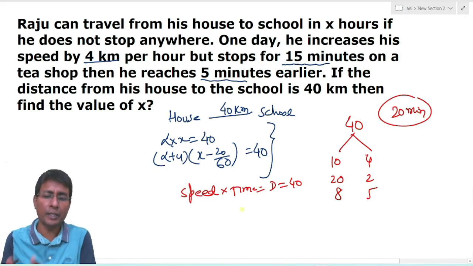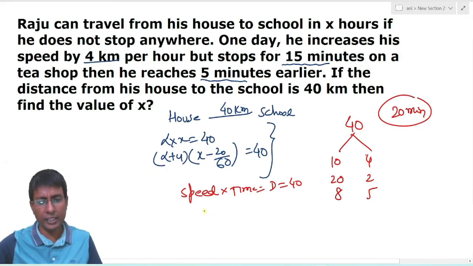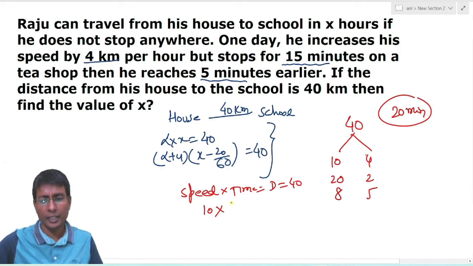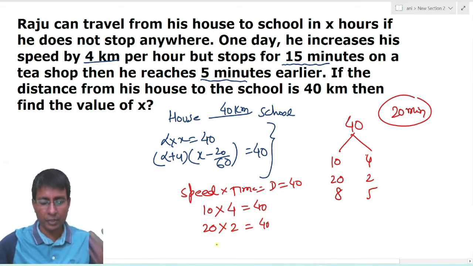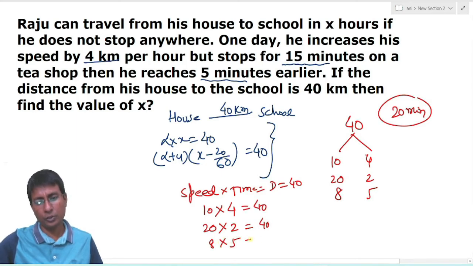So start with the simple case. If someone is traveling at the rate of 10 km per hour, he will take 4 hours to travel 40. If someone is traveling at the rate of 20, he will take 2 hours to cover 40. And if someone is traveling at the rate of 8, he will take 5 hours to cover the 40 km. Now, I can ignore the first case.